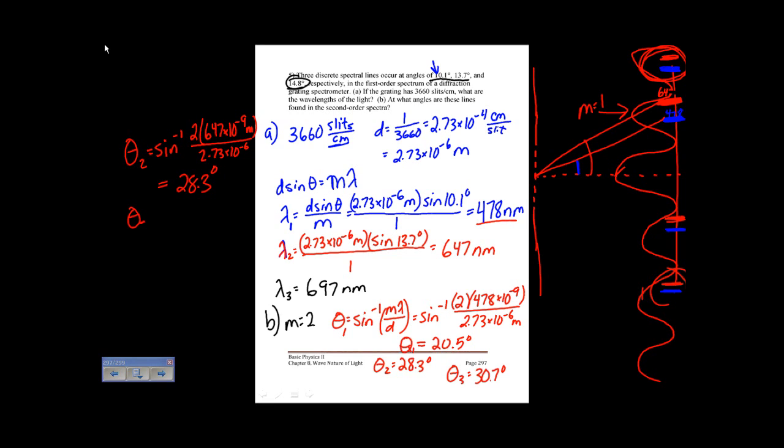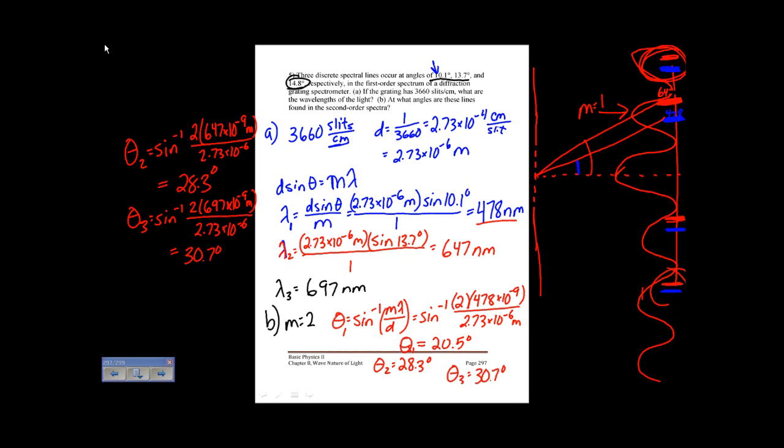And theta 3 is the inverse sine of 2 times 697 nanometer times 10 to the minus 9 divided by 2.73, and then that's equal to, what did I say, 30.7. So that's where those numbers come from.